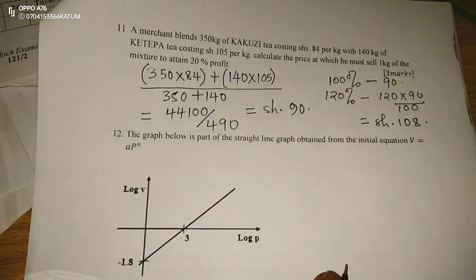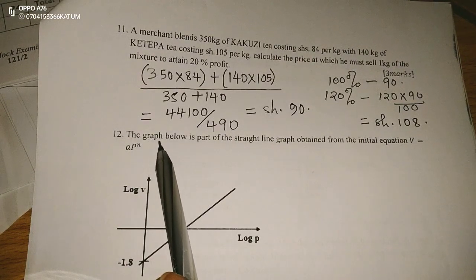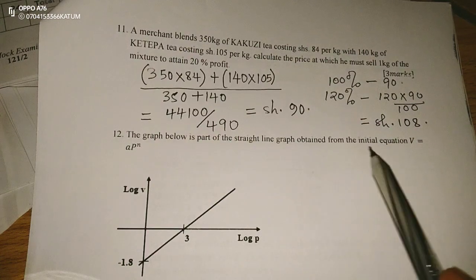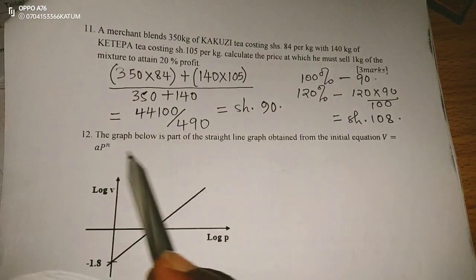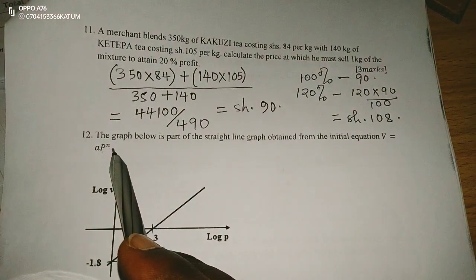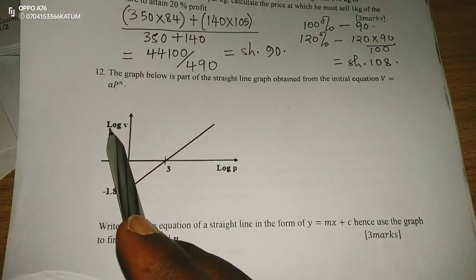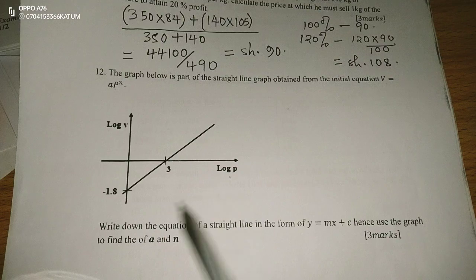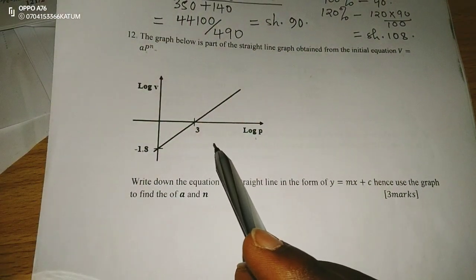The next is a question on graphical methods. The graph below is part of the straight line graph obtained from the initial equation V equals A P to the power N. So we have a graph here of the logarithm of V against the logarithm of P. The graph can be seen there with the two intercepts clearly indicated.